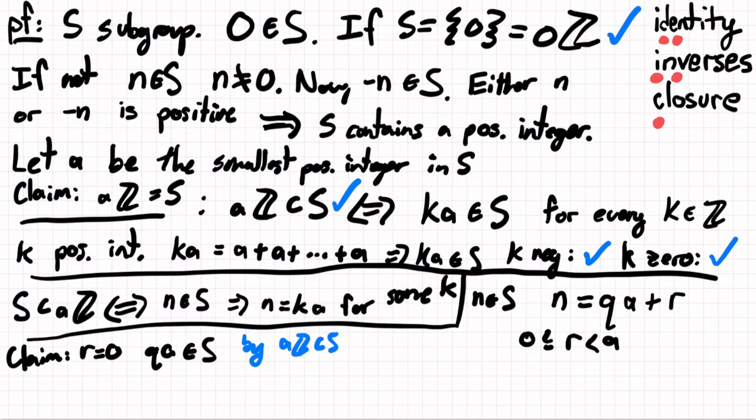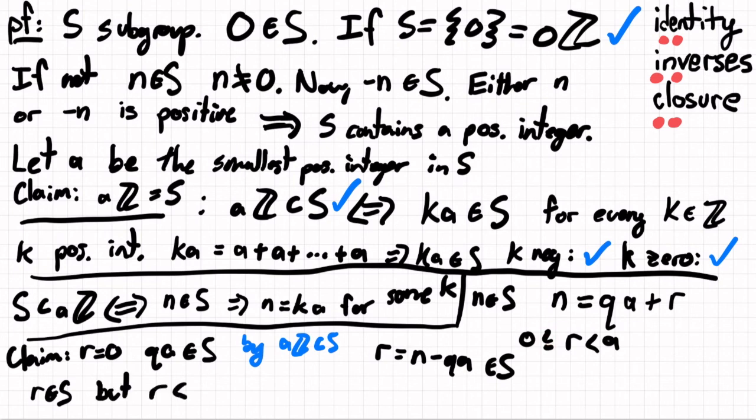And so as qa is in S, we already said that n is in S. So r, which equals n minus qa, by the closure axiom, is also in S. We said that r is in S, but wait a minute, r is an integer that's less than a, that's greater than or equal to 0.